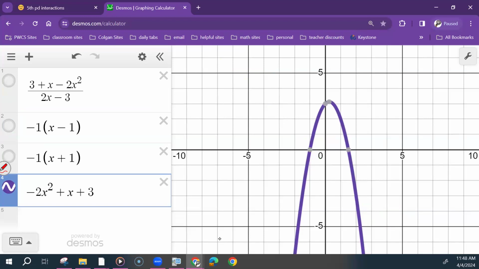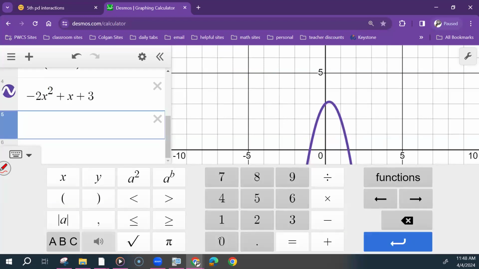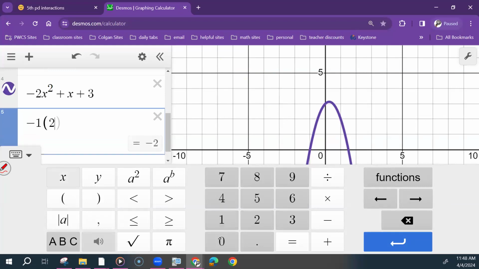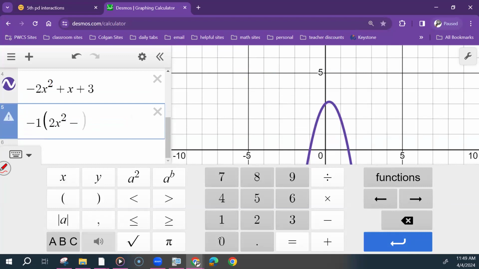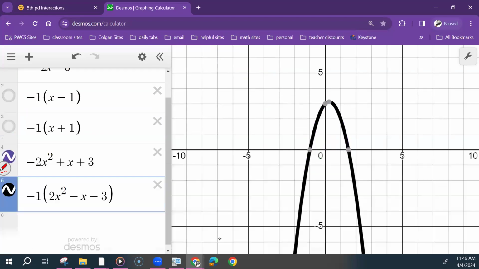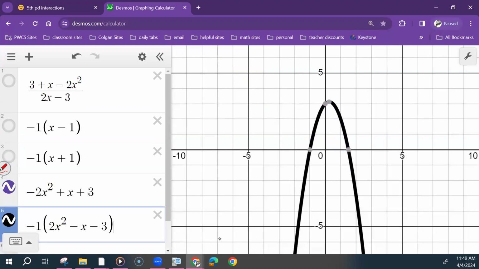If I rearranged it and I factor out a -1, so that this would be 2x squared minus x minus 3, and then you put this on top of 2x minus 3, it would work. It would get one of these answers. But if you see what just happened, if you put that in and your answers are like the opposite, there was probably a -1 that you had to factor out. Just in case you missed it, x plus 1, I believe, was the right one.